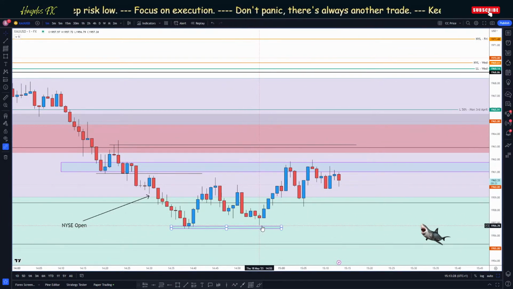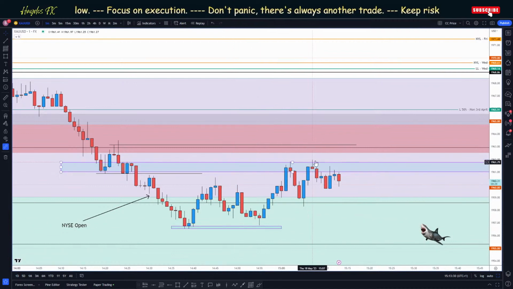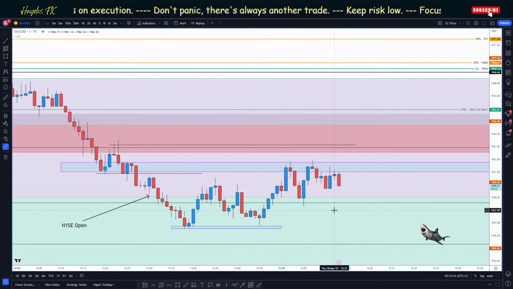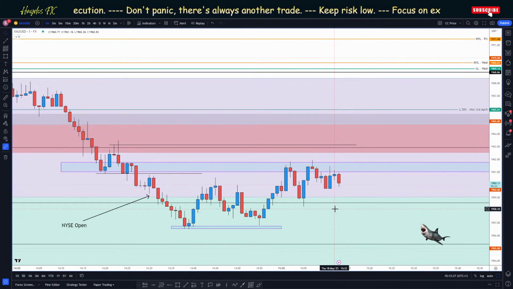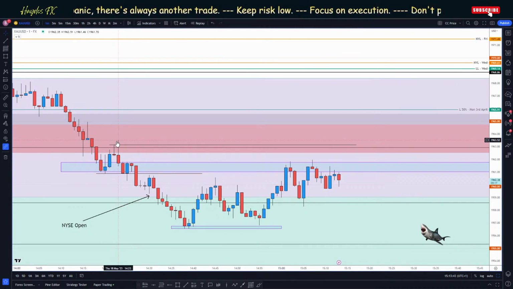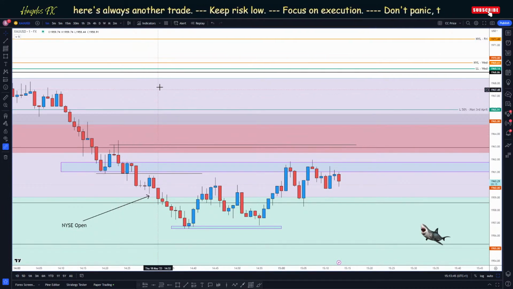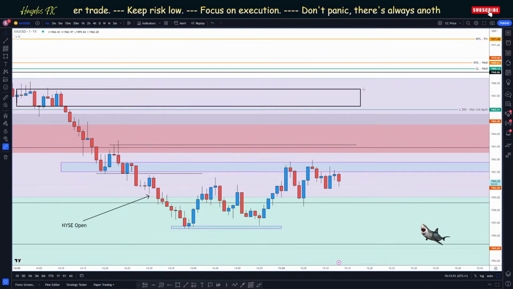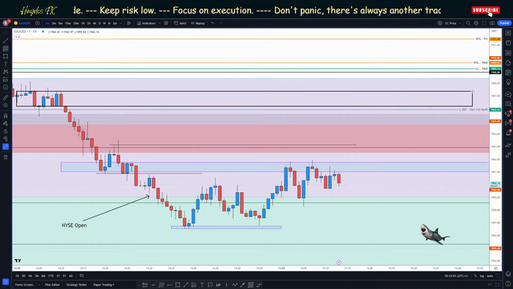Or it kind of is a 50 pip move from down here to here. I'm not going to do anything with it. I want to see this wick taken out, and then start pushing up into this zone again. I'll probably secure some around this zone. That'll be where I'll secure some, if it can get up there.